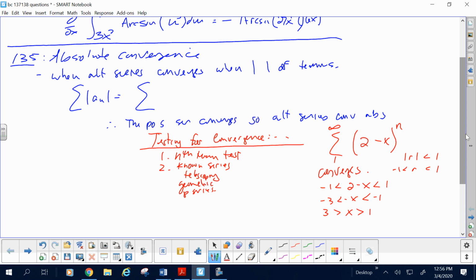What about this bad boy? What if you had negative 1 to the n, square root of n, and down here you had n to the 2p plus 2 all squared. And I said this converges absolutely. And I asked you to find p. How would you do it?